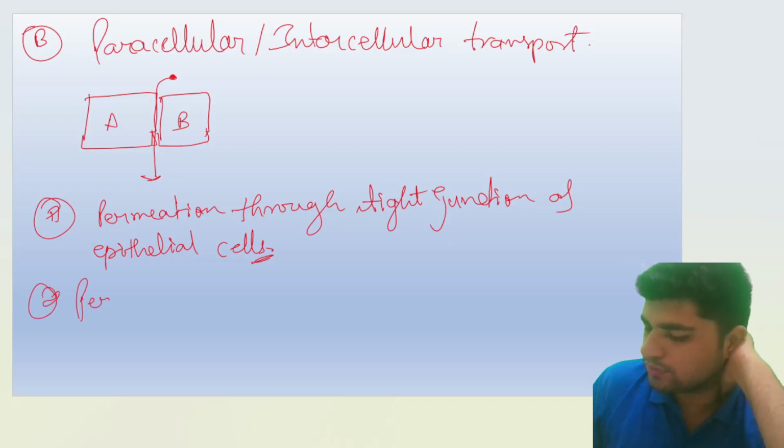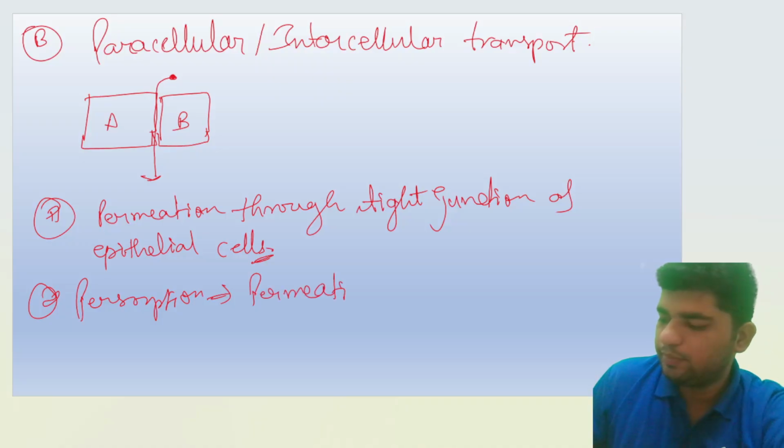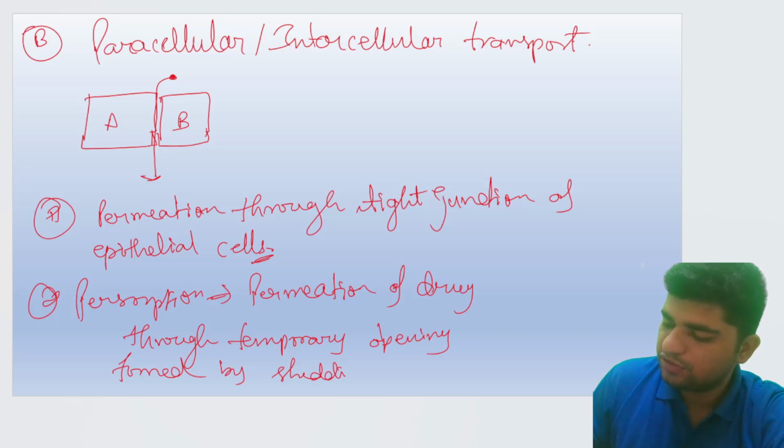Second one is persorption. There will be a permeation of drug through temporary openings formed by shedding of two neighboring cells.